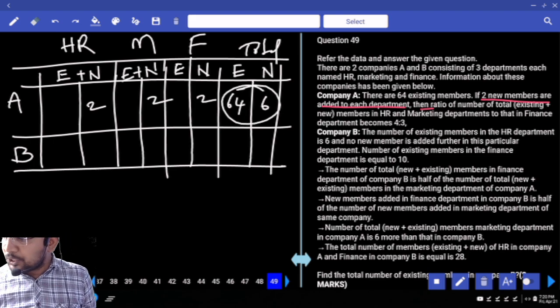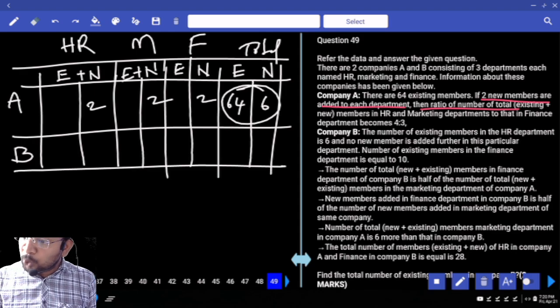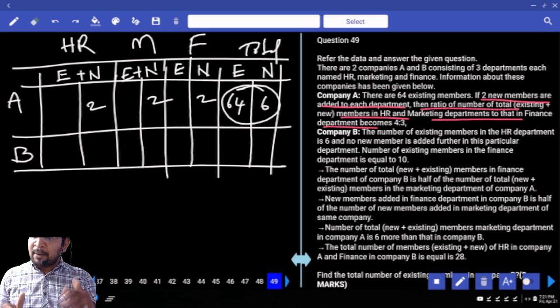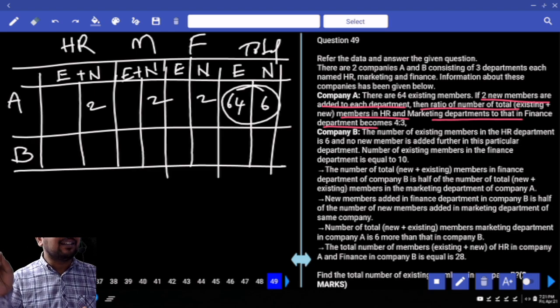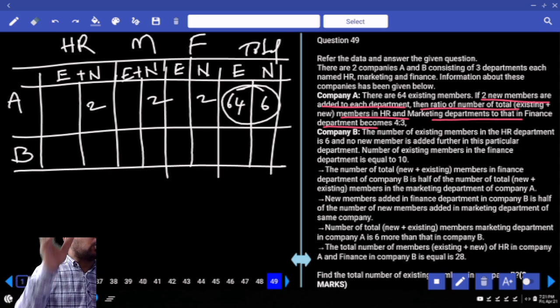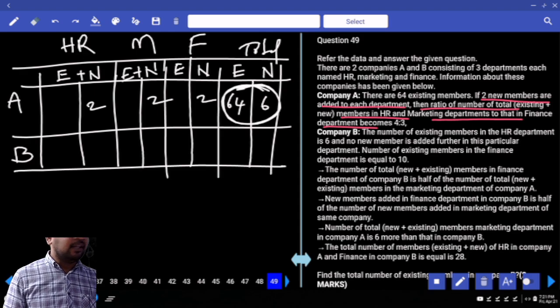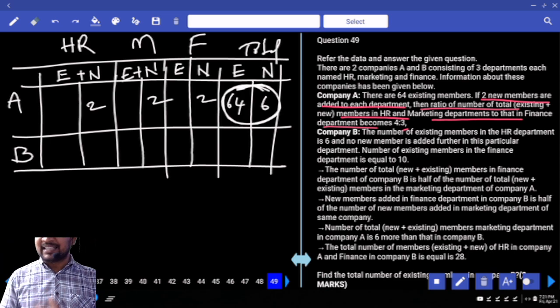Next, the ratio of the total, which is existing plus new, in HR and marketing departments to the finance department: HR plus marketing together is 4 parts and finance is 3 parts. Total 7 parts is 70, so finance's 3 parts is 30.